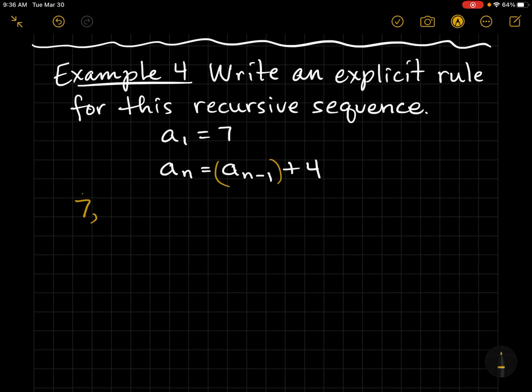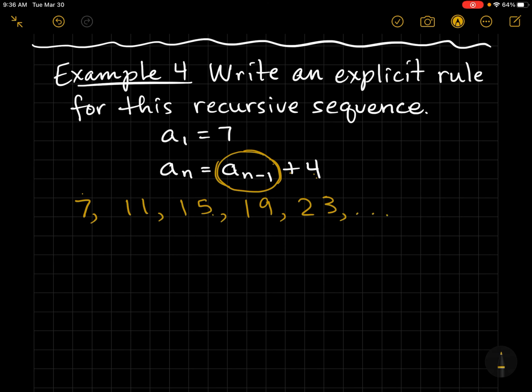So the previous term here would be 7, and 7 plus 4 is 11. The next term would be defined by 11 plus 4. You always just add 4 to the previous term. Okay, so that's what's going on here.